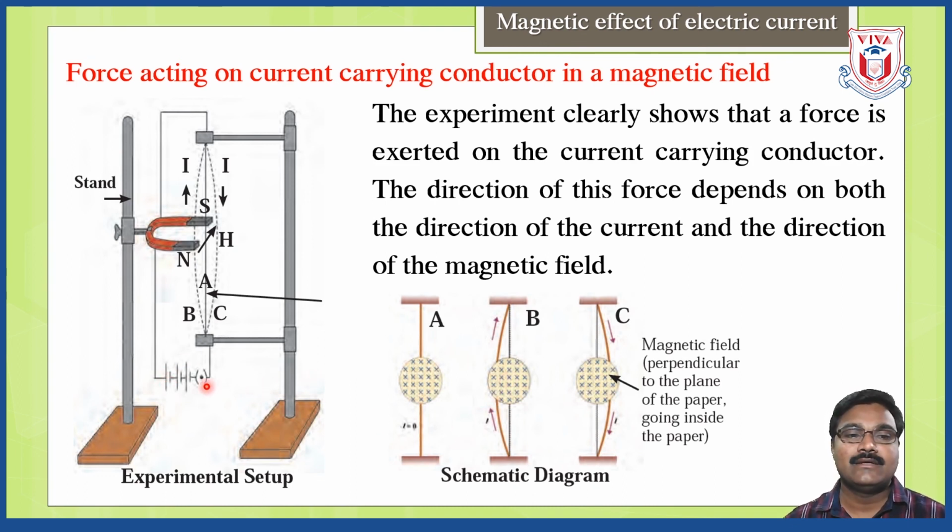Therefore, as we change the polarity, the direction of magnetic field will change and the force experienced by this wire will also change. That means the experiment clearly shows that a force is exerted on the current carrying conductor. The direction of this force depends on both the direction of the current and the direction of the magnetic field.